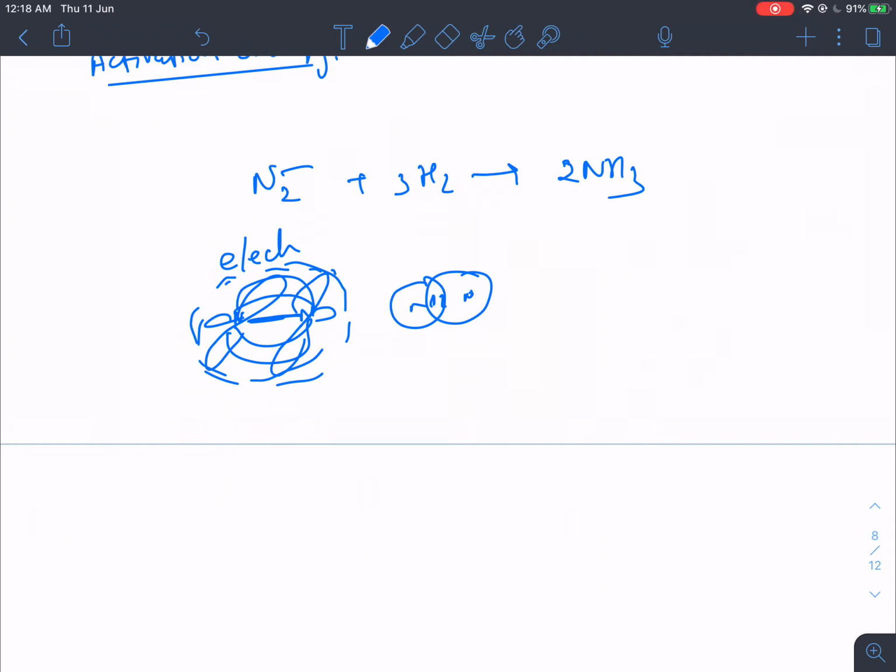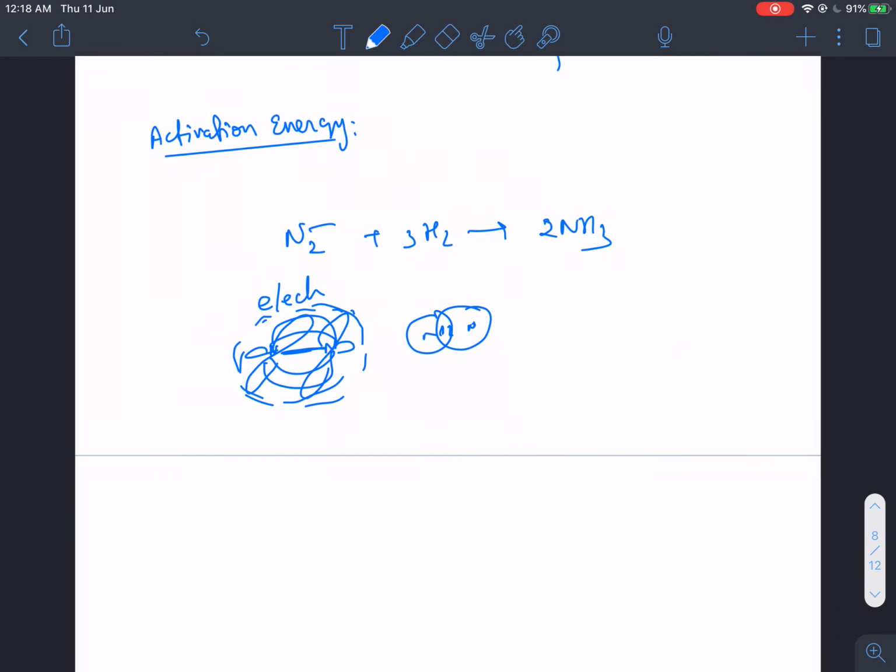And see how we are going to get ammonia, unless the bond of hydrogen is broken, unless the bond of nitrogen is broken, how are they going to combine? So we have to break this. So definitely this requires a certain amount of energy that should be given to these molecules so that they can rearrange the bonds and form the product. So that repulsion barrier before forming ammonia can be termed as activation energy, right?